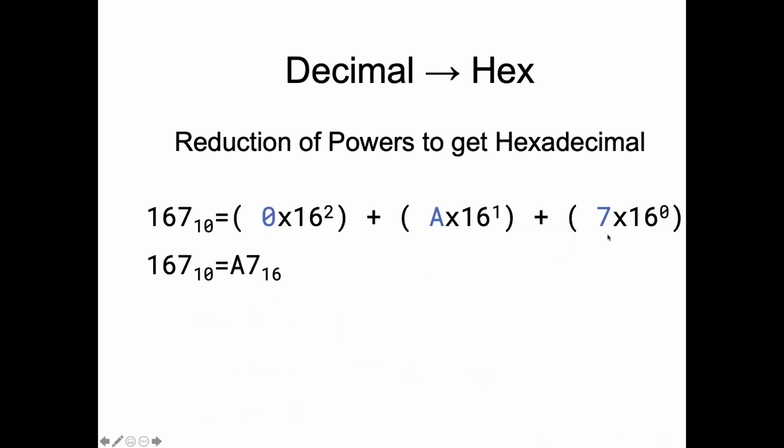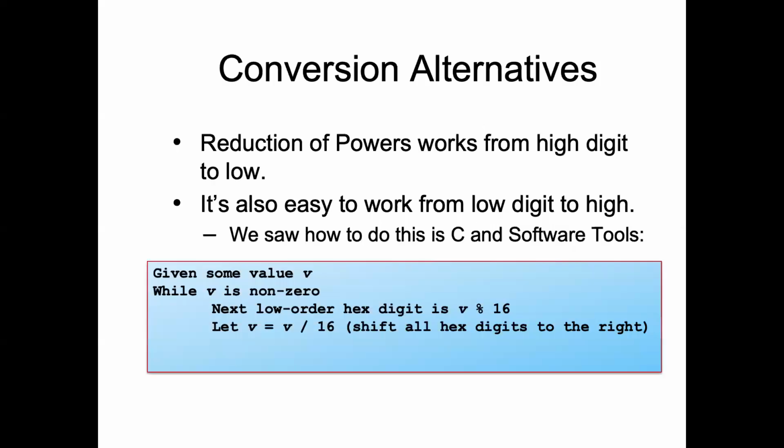That gives us a way of converting from base 10 to base 16, decimal to hexadecimal, by starting with our highest order hexadecimal digits and working our way to the lower order ones. If you took the C in Software Tools class, you probably remember a way of converting that goes the other way. You ought to be able to use either of these in this class. That is, you ought to feel comfortable converting using either technique.